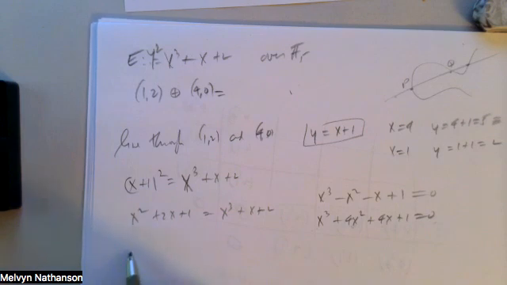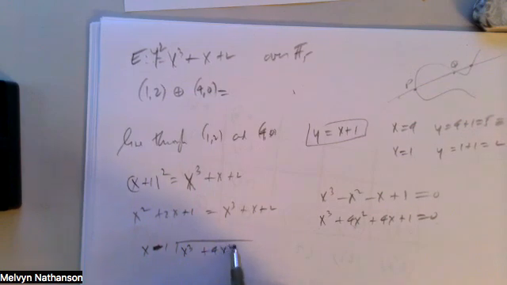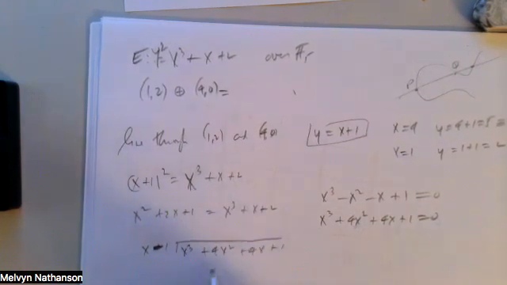If I divide x minus 1, if 1 is the solution, x minus 1 into x cubed plus 4x squared plus 4x plus 1.